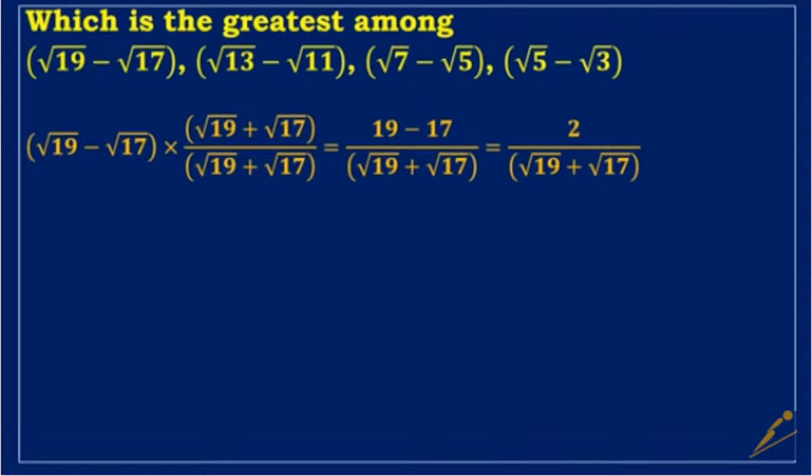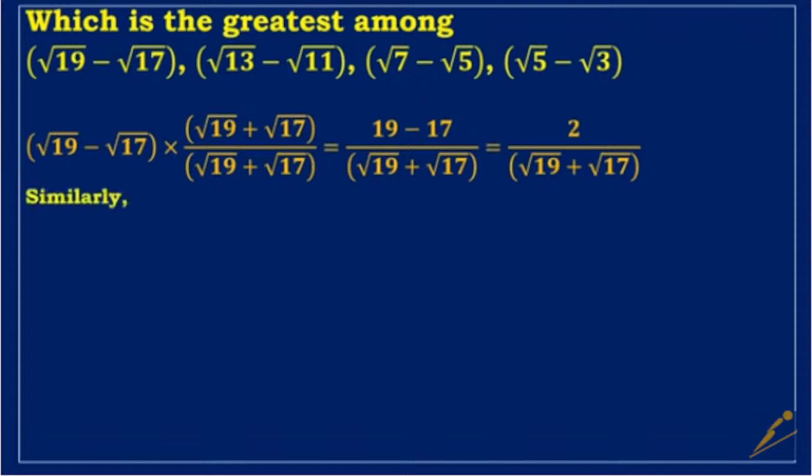Here, a square value is the square root of 19 squared, which is 19. B square is the square root of 17 squared, which is 17. The difference between 19 and 17 is 2. Then the result becomes 2 divided by the square root of 19 plus the square root of 17.